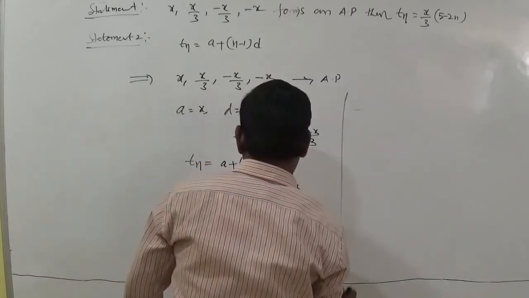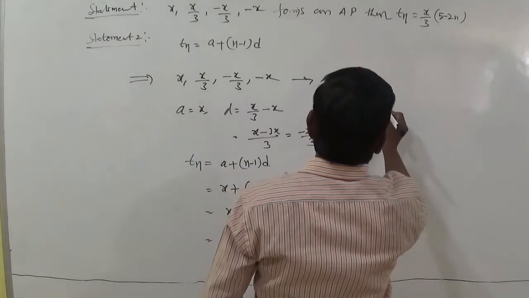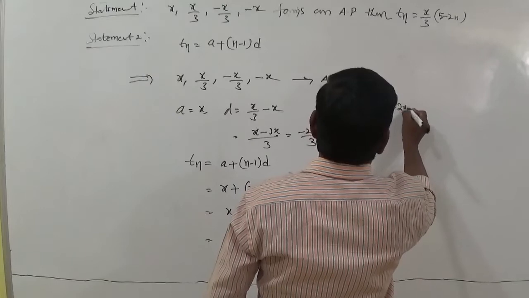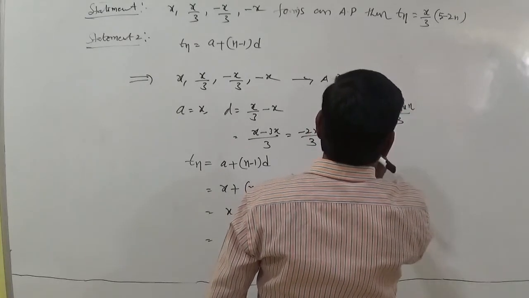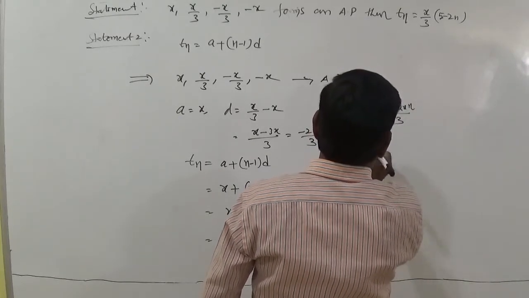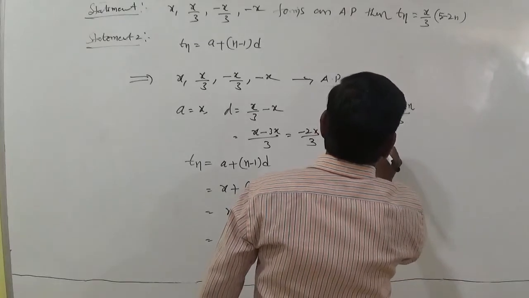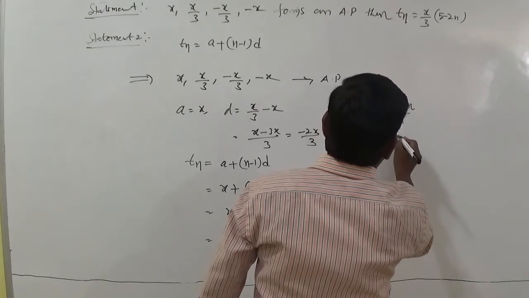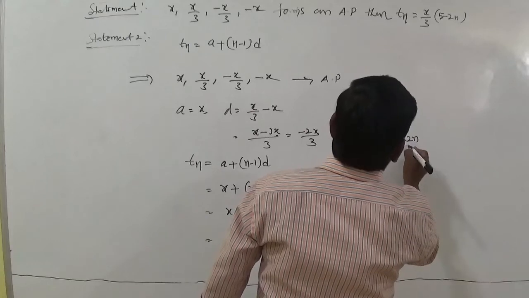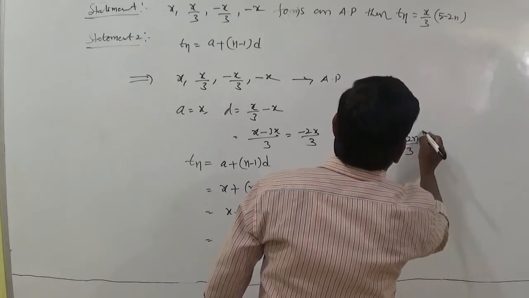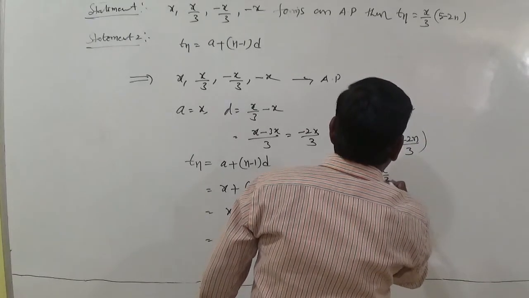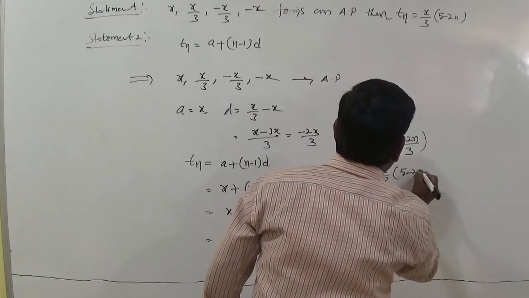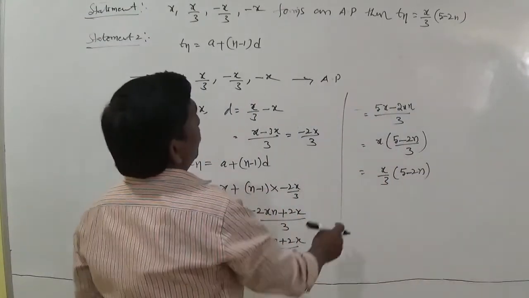That means 5x minus 2xn by 3. Here x is the common one. 5 minus 2n by 3. We can write like this: x by 3 into 5 minus 2n. So we got the same answer.